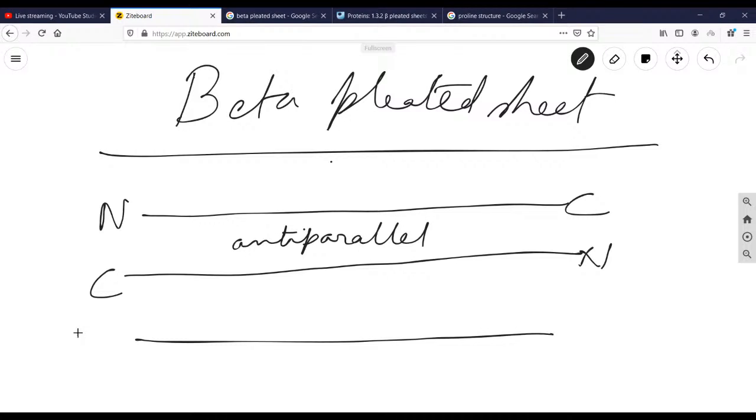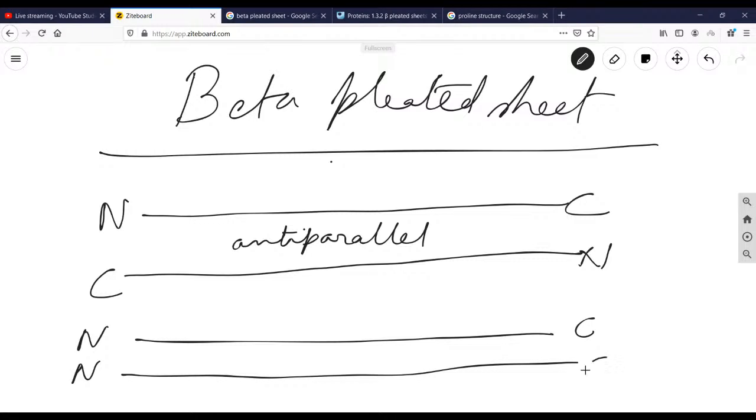This is known as parallel arrangement, if both are oriented in the same way. The anti-parallel ones are more stable.